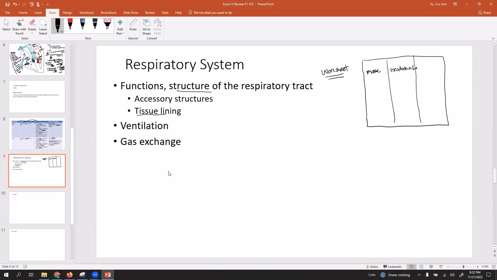Part of the pharynx, the oral pharynx, for example, is lined with stratified squamous, because stratified squamous can handle abrasion, where pseudostratified columnar epithelium cannot. And that's why you find it in the mouth, because you eat, you drink.